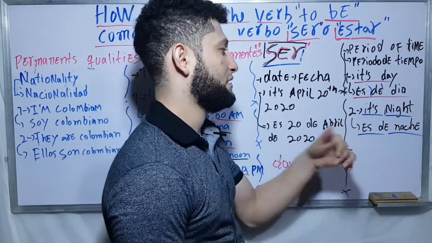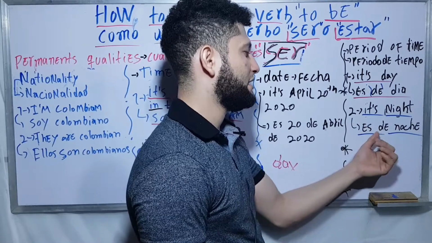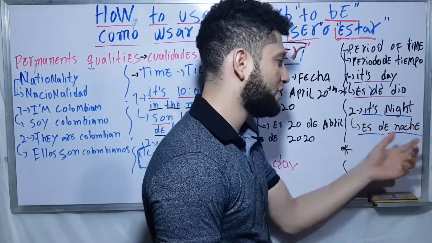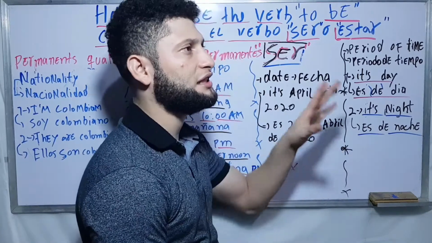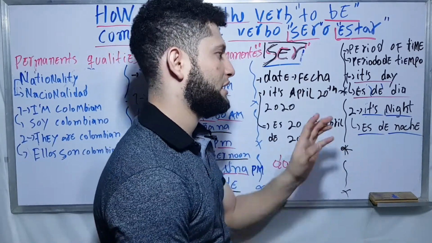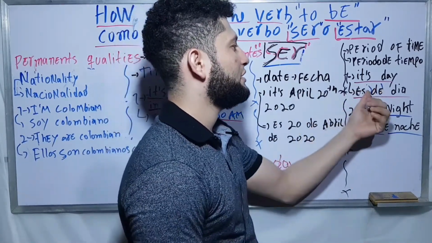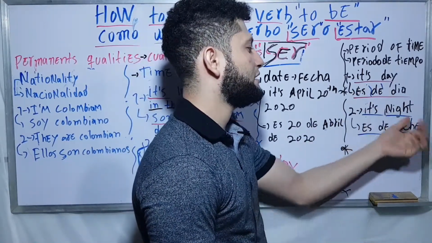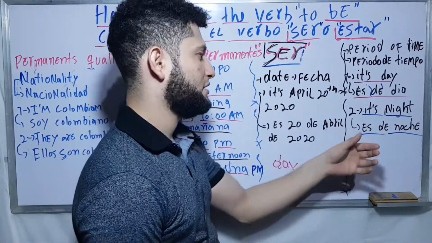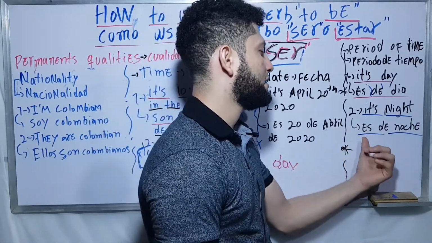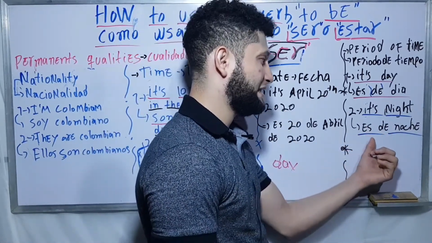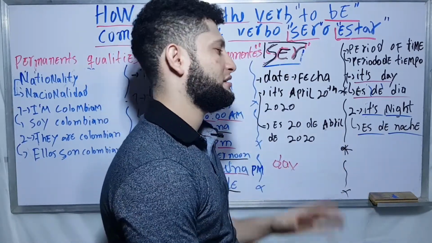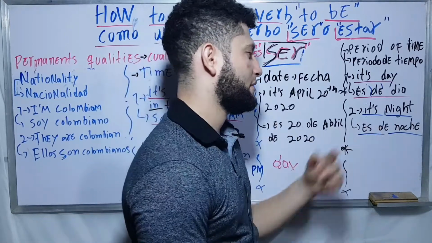But if you say it's de noche, you are saying that the sun is not shining, and that's it. So it's day when the sun is shining, and it's night when the sun is not shining, but if you say es noche, you are saying that it's just too late. It's too late. Es noche.